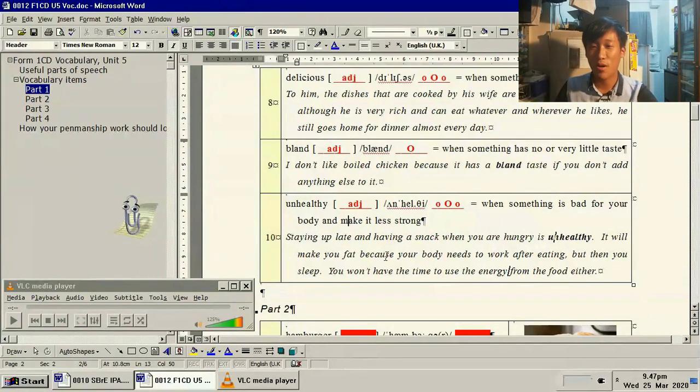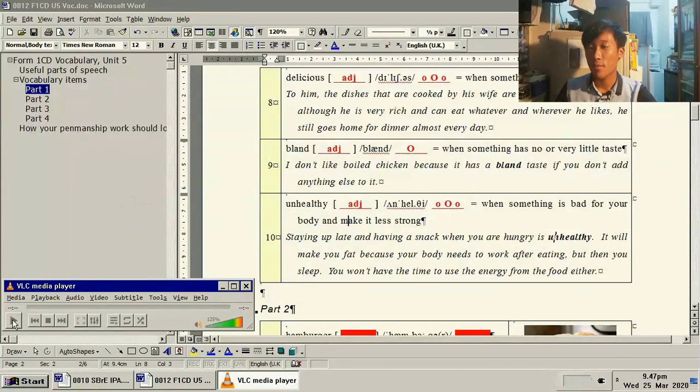Okay, we can practice reading. Unhealthy. When something is bad for your body and make it less strong. Staying up late and having a snack when you are hungry is unhealthy.